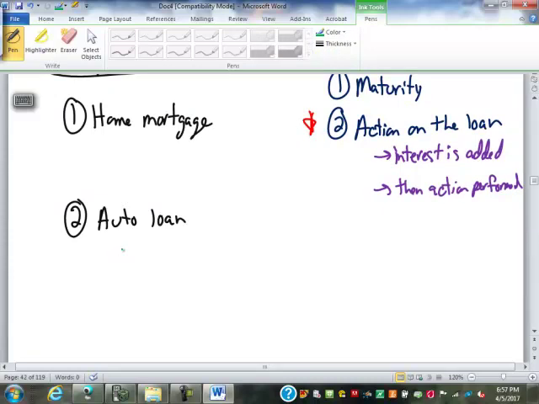So for an auto loan with a balance of $12,864, let's say you got in the good interest rate. You got 3.2% interest on it.